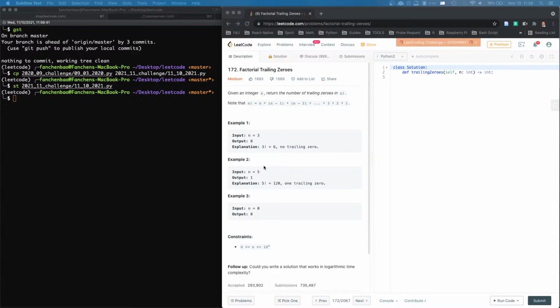The total number of 5s can be calculated by just dividing the total value by 5. So n divided by 5 is the total number of values that contain at least one factor of 5.